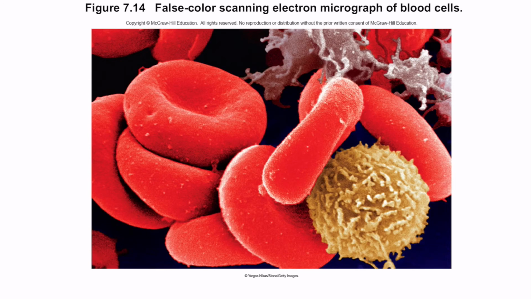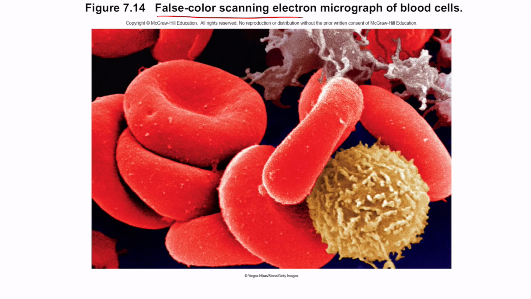One of the primary uses of this was the first false color electron micrograph of blood cells. Electron microscopy was first discovered by using this principle, the idea that you can use electrons as waves because they behave as waves. They can also become a good substitute for light rays.